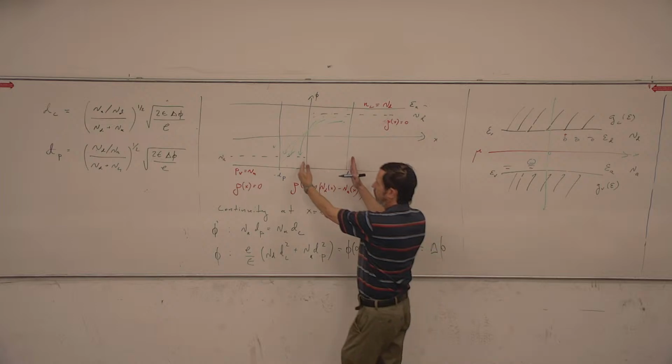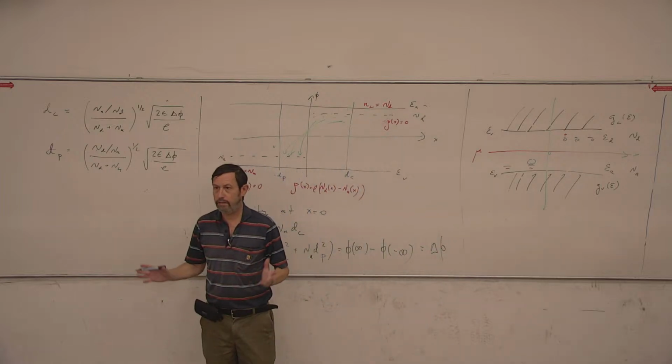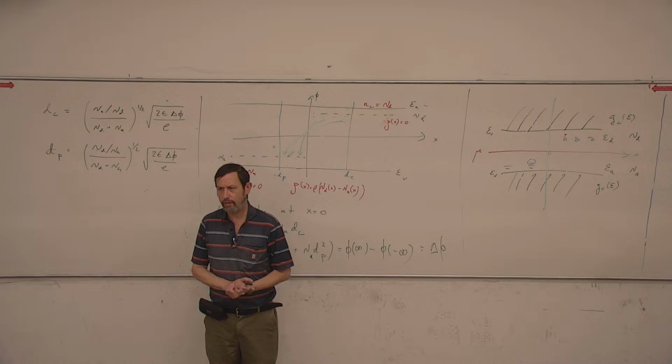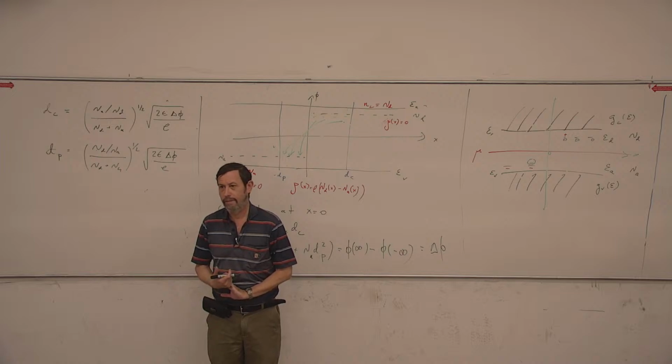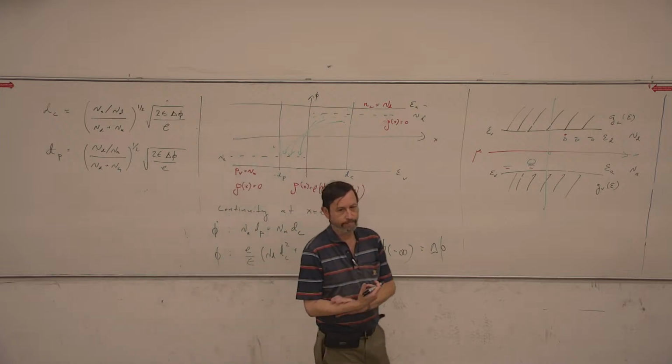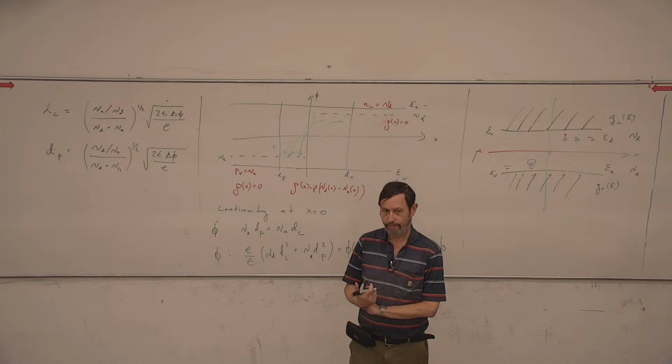So this defines the size of the depletion layer. Why is the size of the depletion layer important? Can someone guess? It tells us how small our electrical components can be.